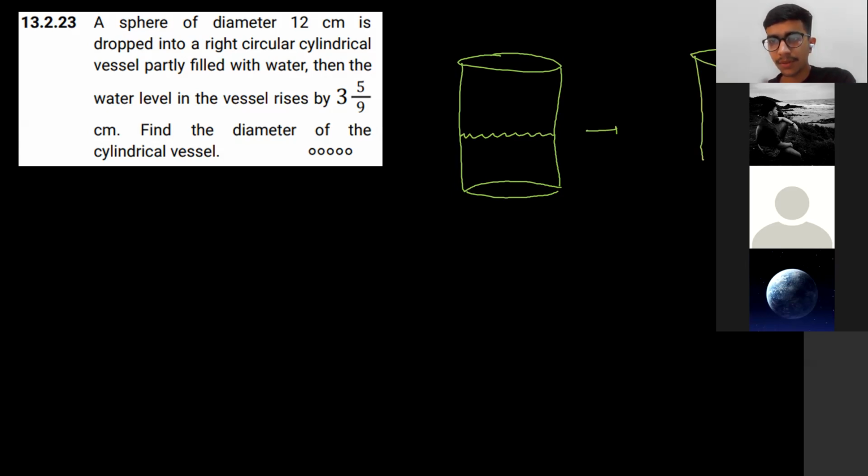And of course, when you insert the sphere into this, the water level would rise, right? So let's say initially the water level was here. Now the water level is like this, and the sphere is this much. So this particular height is given to you, right? This height is 3 whole 5/9.